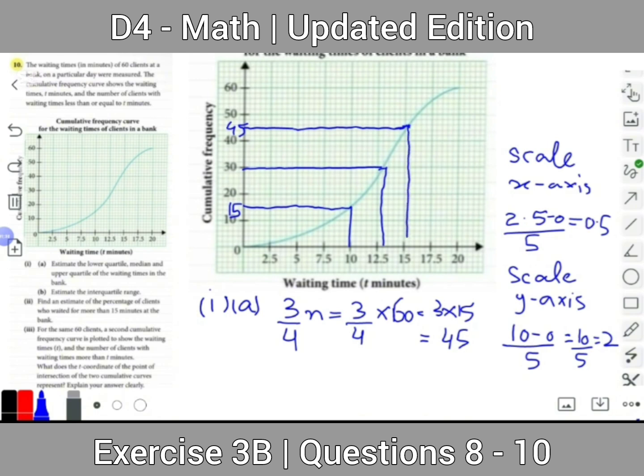So here we have approximately the value 15.25. So the upper quartile Q3 is equal to 15.25.